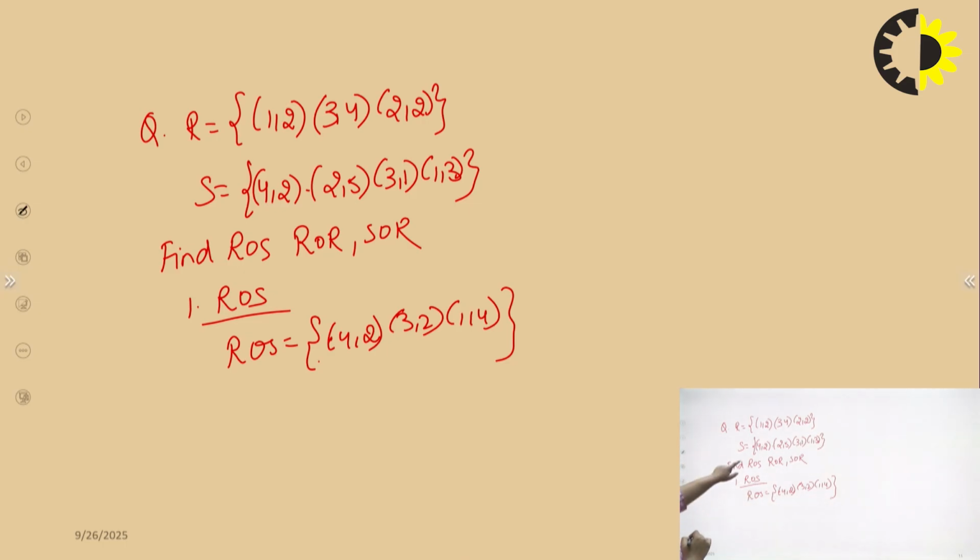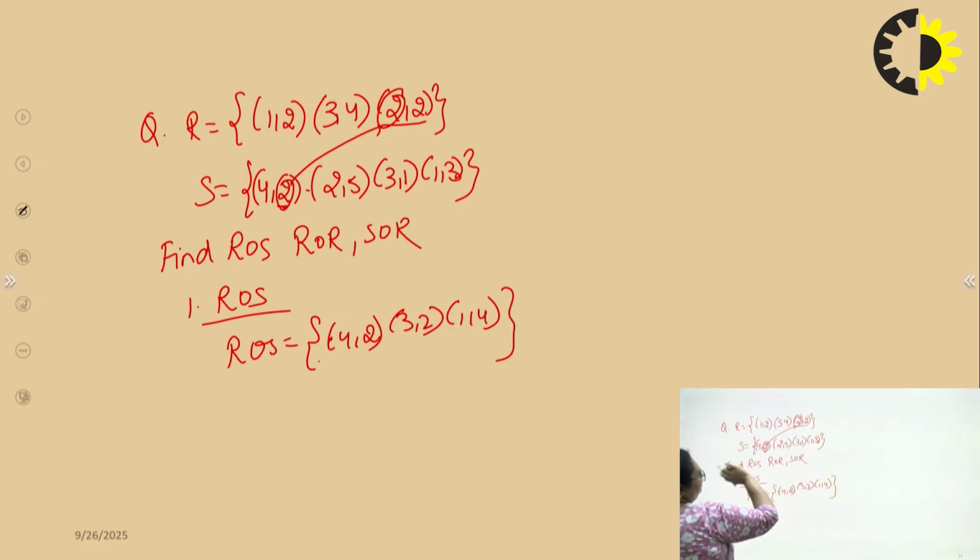So we have S this and R this. So RoS means (4, 2). We will look where (4, 2) is coming, where this is ending in 2. So we will look in R where 2 is starting. Here it is starting with 2.